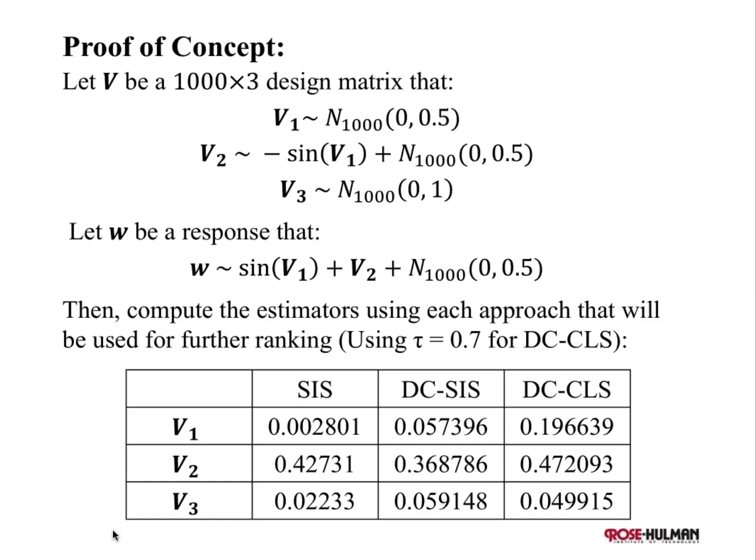Yeah, would you repeat your second question real quick? I'm sorry. Well, I'm just wondering if you could envision a situation where your first decision is to decide whether the predictors are sufficiently correlated, defined in some way, and then based on the answer to that question, you can decide whether to do SIS or DC-CLS. Oh yeah. I guess we haven't thought about that so far.